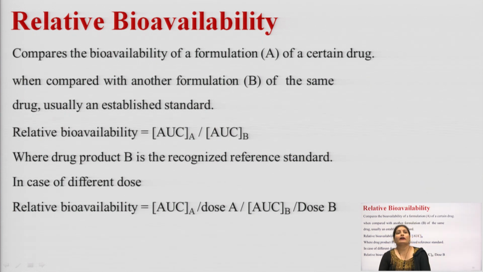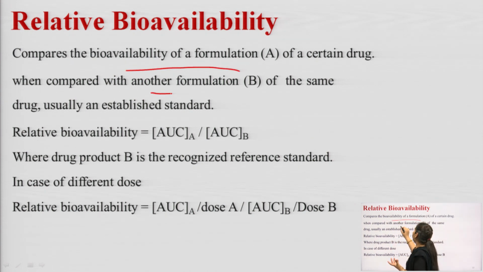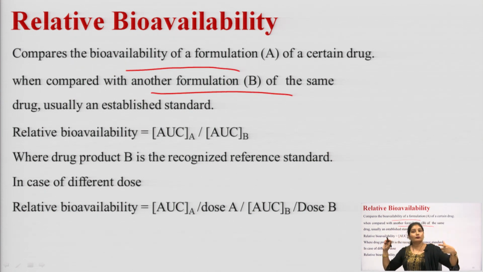What is relative bioavailability? It is also known as the comparative bioavailability, and in this we are comparing the bioavailability of a formulation A of a certain drug with another formulation, that is B, of the same drug. Means we are comparing two different formulations of the same drug.